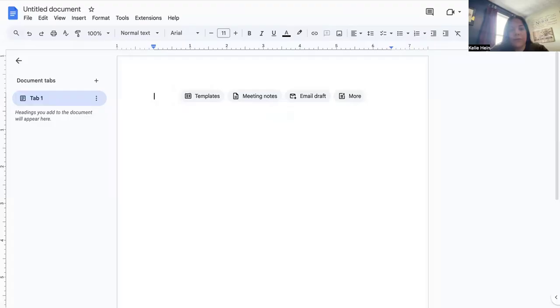So I'm going to share my screen. We're going to work from a Word document, and I want to talk to you about the different medical terminology. So the key here is to break it down into smaller chunks, right?